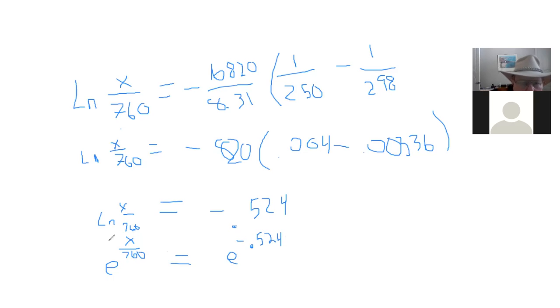Okay, I'm sorry, e to the ln. Now, what you have to understand, and we'll put it up here, e raised to the ln x is equal to x. That's why we're doing that. So e raised to that ln x over 760 is just equal to x over 760. Now what you do is you take your E button.